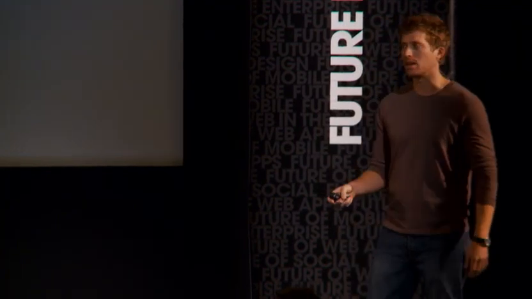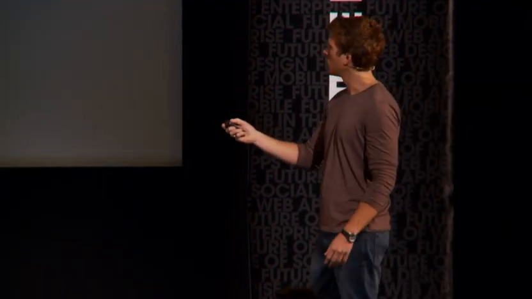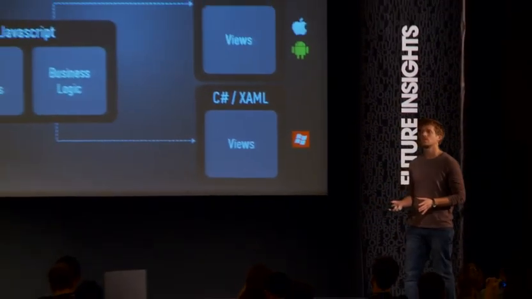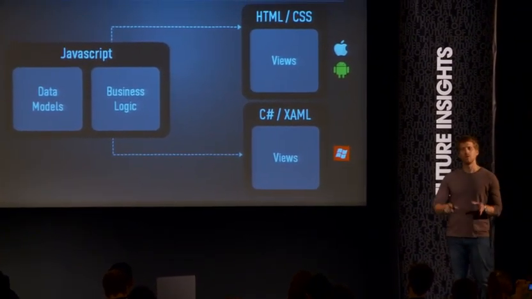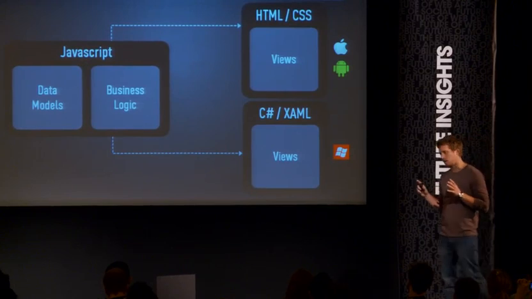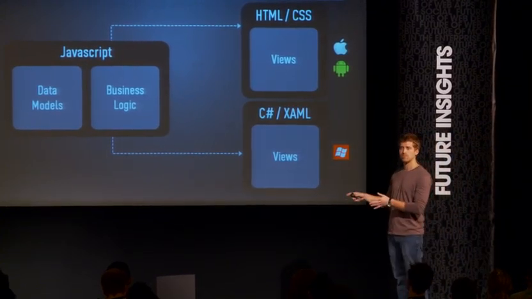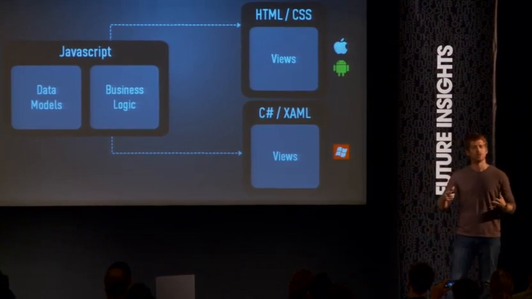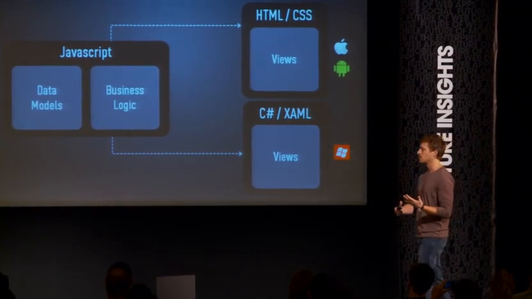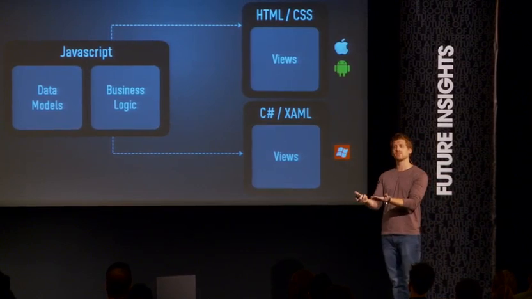But what we've done for Windows Phone was kind of unique, because using Backbone, we created specific views for Windows Phone, which communicated with the native code, and we wrote the entire Windows Phone user interface using C# and XAML. So JavaScript will launch, will do all the business logic calculations, and then send information to the native code.